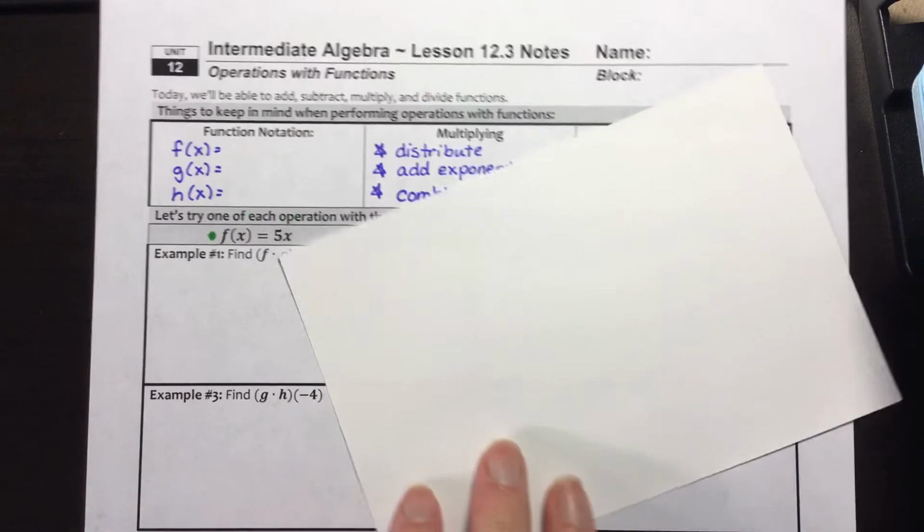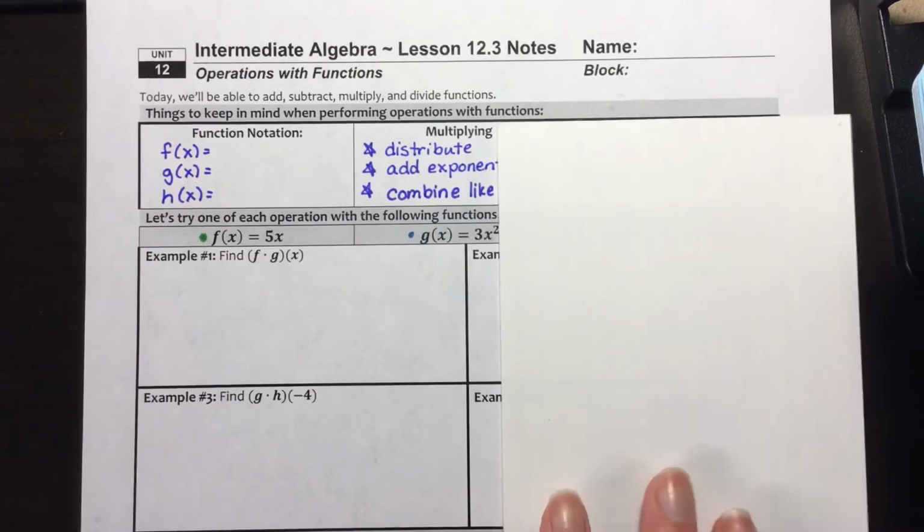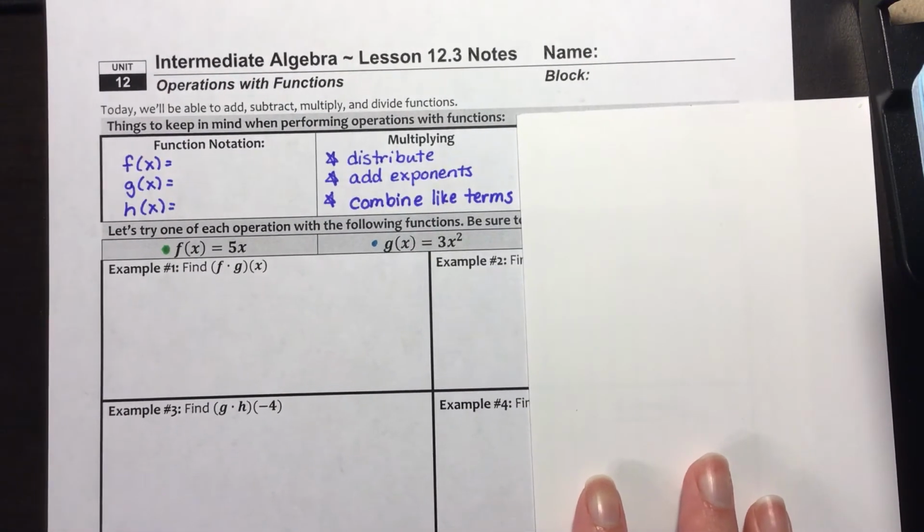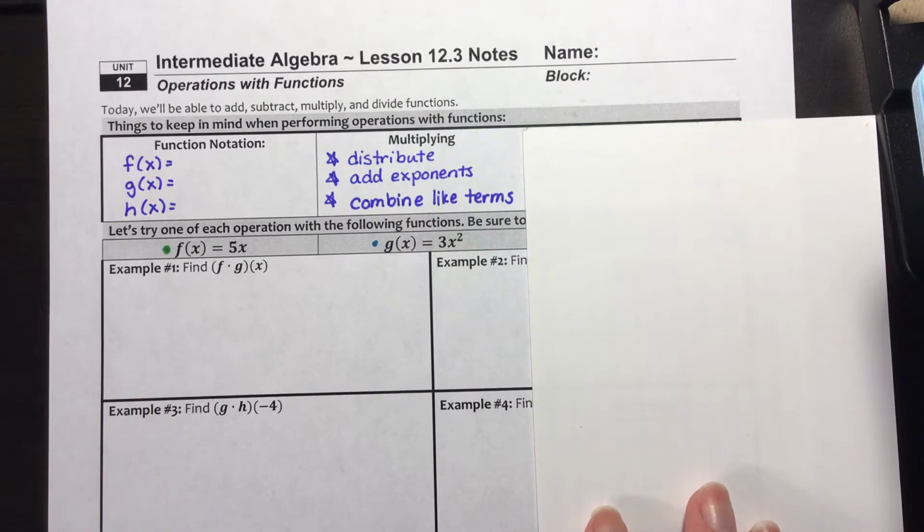Okay, when we are multiplying together functions, we're going to treat it like multiplication, as in like the distributive property. So we're going to take two functions, put them in separate parentheses, and then distribute. And as we distribute, we need to remember that we are adding together the exponents.